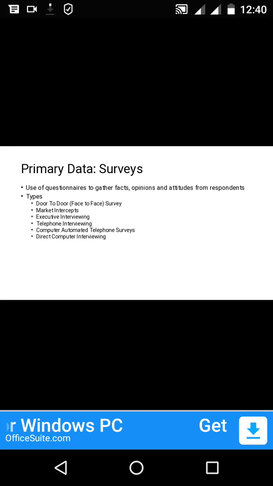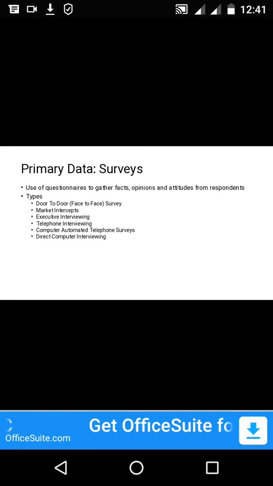The respondent will have to look at the computer screen, and then he will mark his responses on the screen itself. So there is no requirement of having a field worker or a researcher there asking the questions. The questions would be available on the computer screen, and the respondent is simply going to mark his response on the computer screen itself.